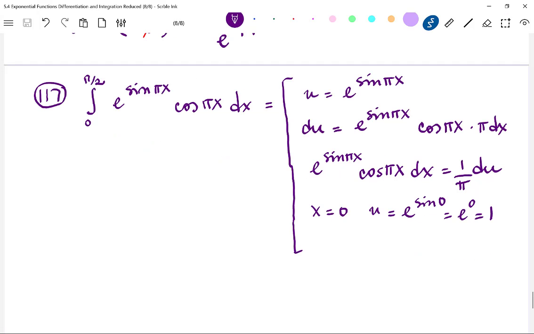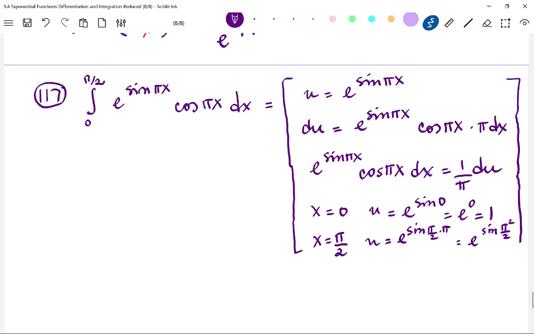And when x is equal to pi over 2, then u is e to the power of sine of pi over 2 times pi, which is e to the power of sine of pi squared over 2. With all this set, we can solve the problem.